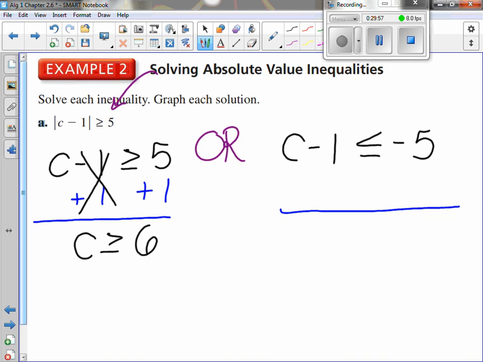So let's look at the other one. Here we would add 1 also. This negative 1 plus 1 would cancel, and it would be negative.